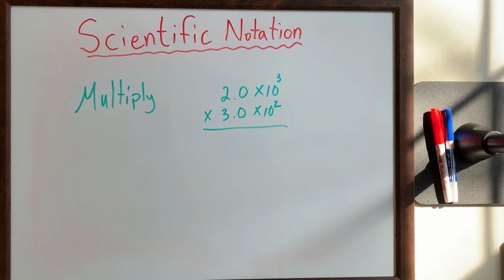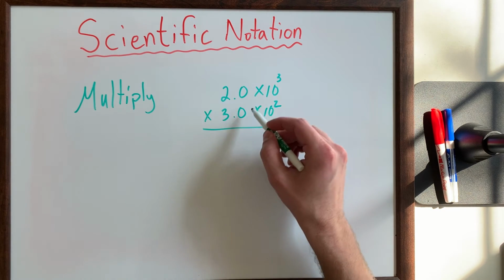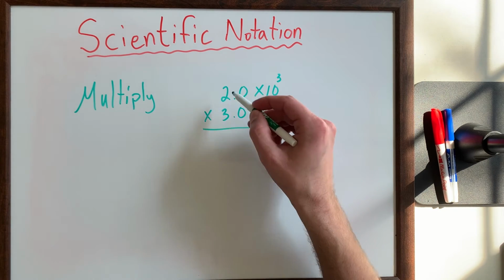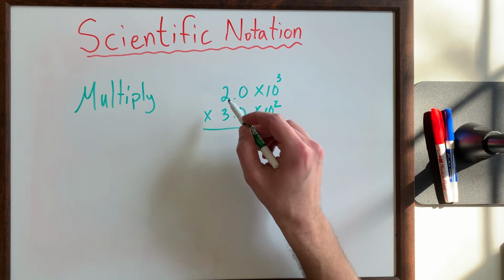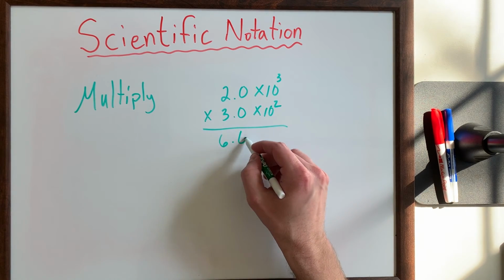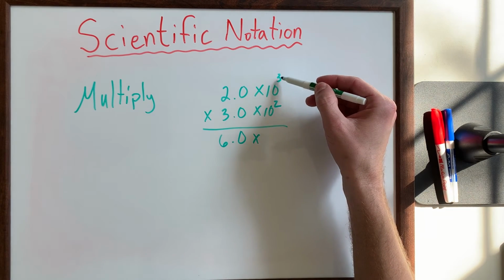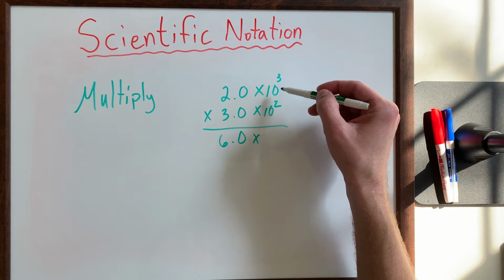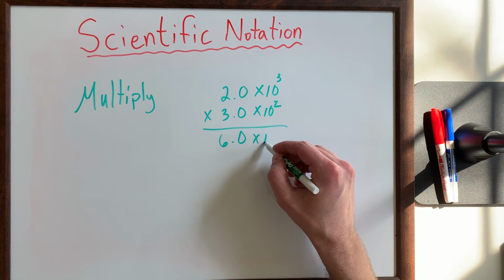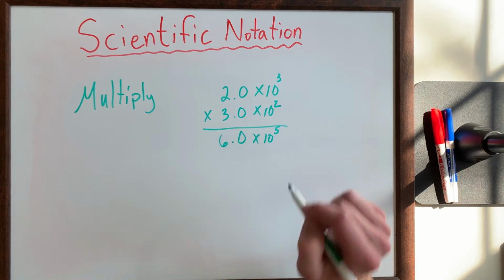If I want to multiply two numbers that are written in scientific notation, I'm going to multiply the coefficients, very similar to how we added or subtracted. 2 times 3 is 6, okay? Now, what I'm going to do different, though, is with multiplication, I need to add these exponents. So 3 plus 2 is 5.